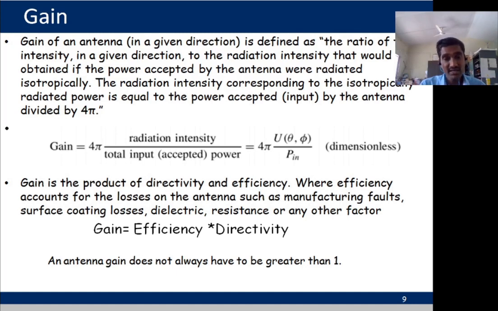Simply, the gain is the product of the efficiency and the directivity of the antenna. Note that the gain of the antenna is never greater than 1, because an antenna always possesses some losses, and because of that it never radiates more energy than its input. It always radiates less energy than we provide, because some energy is lost.